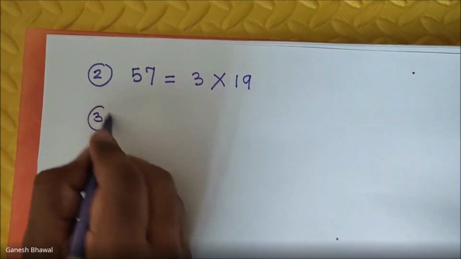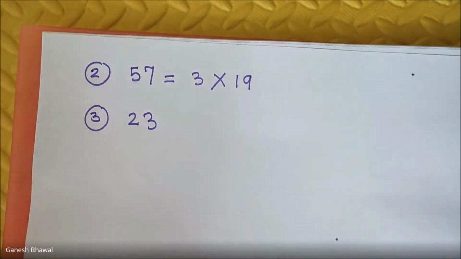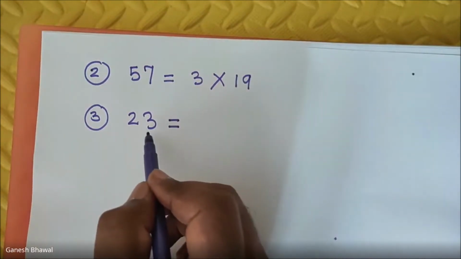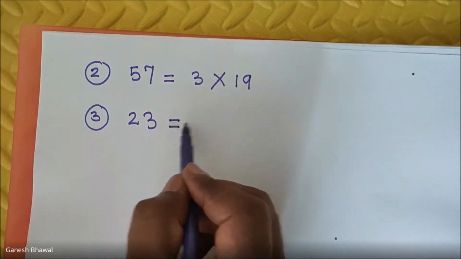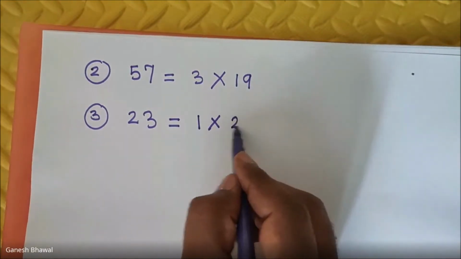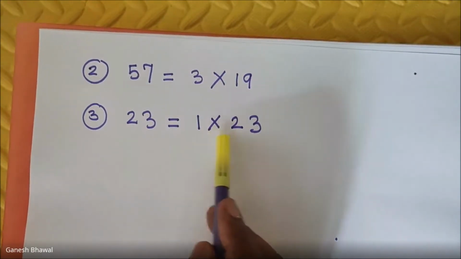Take the third one, 23. 23 itself is a prime number. In this way you have to write 1 into 23.